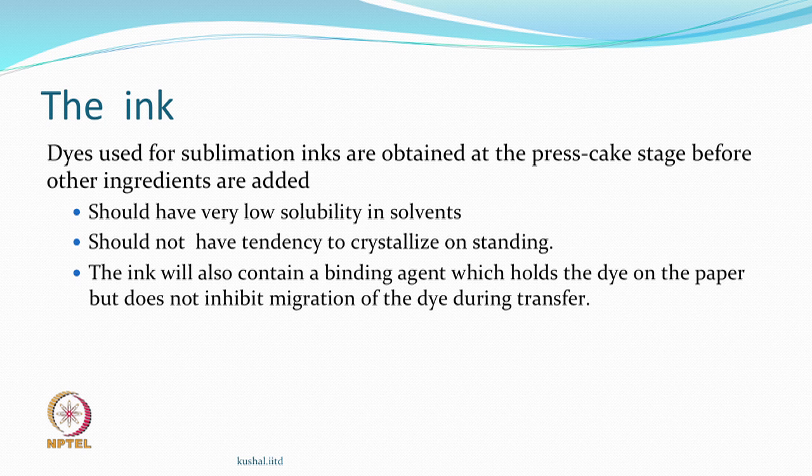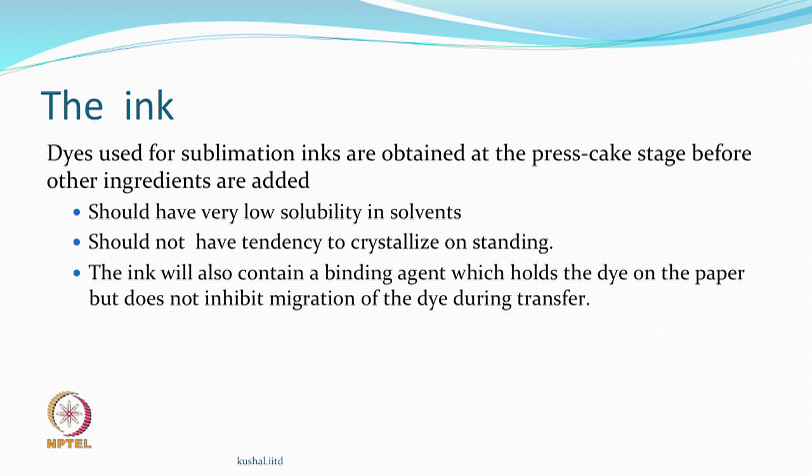Ink may be containing some binding agent. You can consider it like a binder which you use for pigment printing, but obviously this dye is maybe in particulate form in some cases, and is held onto the paper by this film, right. So, it is expected that this film is not going to inhibit migration too much.